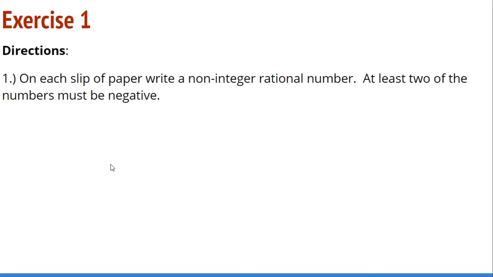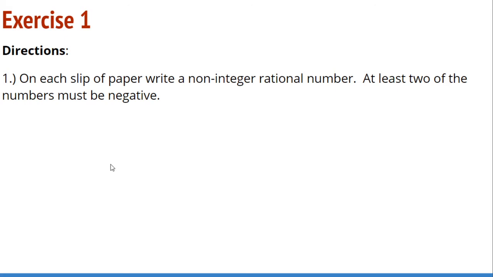And then we exchange them around in the class, and everybody works on arranging their numbers from least to greatest, from greatest to least, whatever I assign you to do. So let's pretend that I gave you these 4 numbers on a card, and you can just try this out at home.